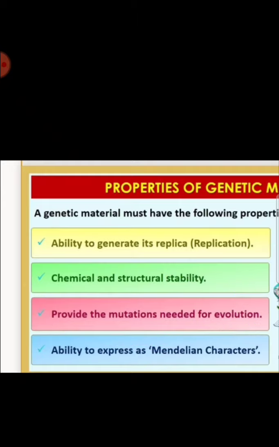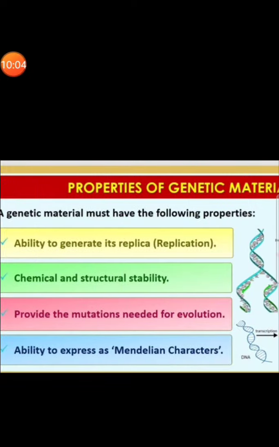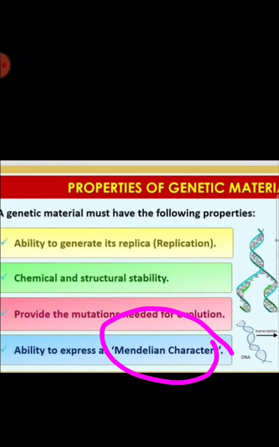Okay, so next, ability to express as Mendelian characters. The genetic material should also have the ability to express the Mendelian characters. We have seen all the genes and everything, so many of them are inherited as Mendelian characters, which is very important.